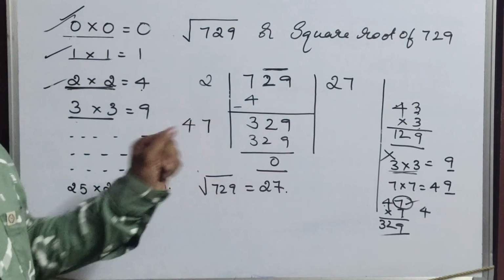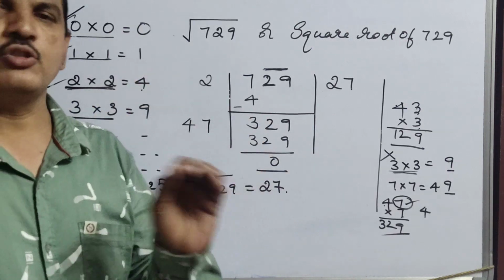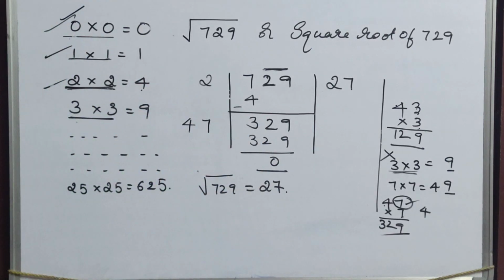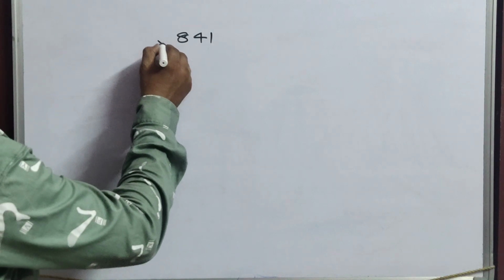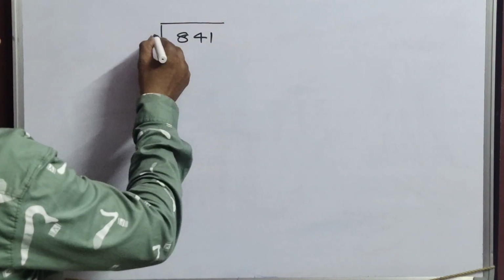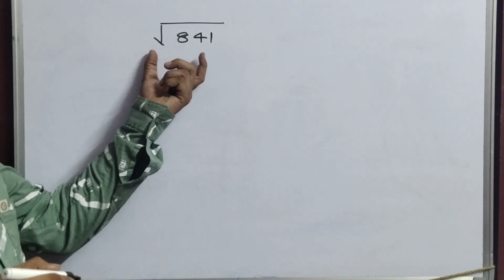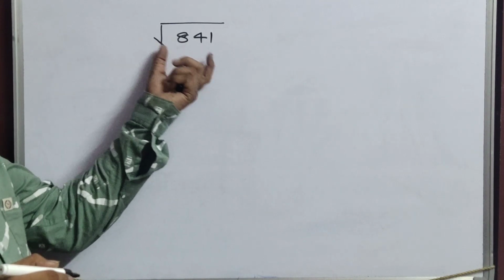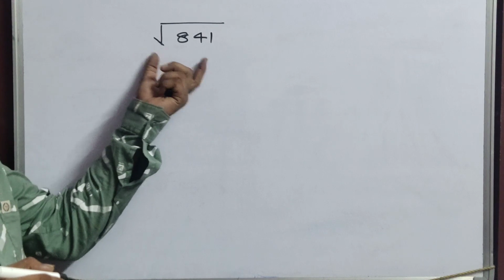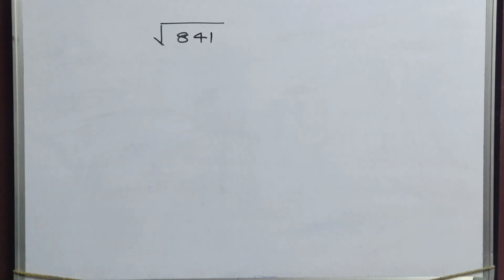Okay, now listen. If I teach one more sum, you will understand very clearly. Okay children, see here, one more number I wrote here, that is 841. That means the square root of 841. As I told you, I am going to teach you another sum, a 3-digit sum, to understand clearly.